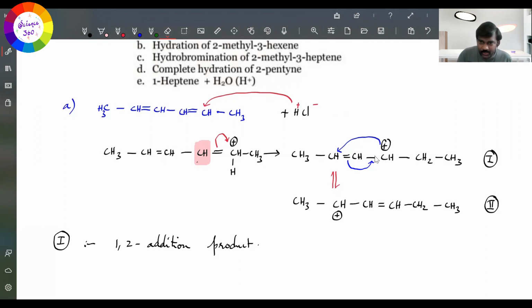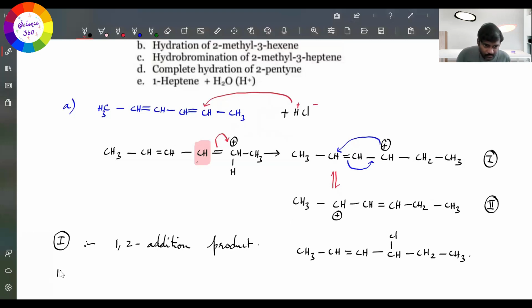So I'll be getting the product like this: CH3, CH double bond CH, and here I have a positive charge on this carbon, so the chloride ion will be attaching. So this is one product I'll be getting. That is the 1,2 addition product we will say.